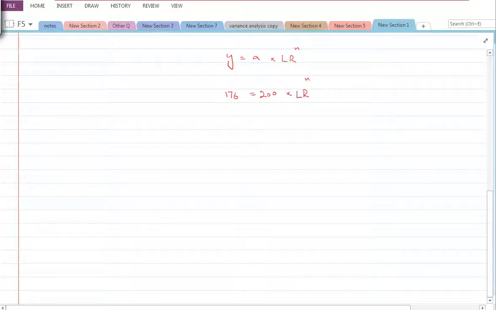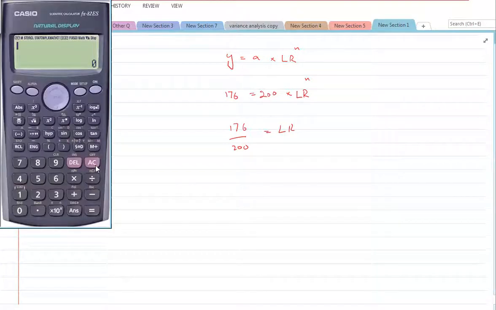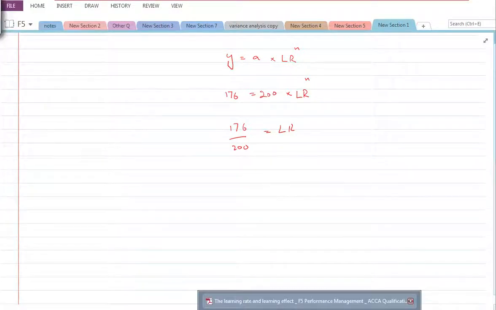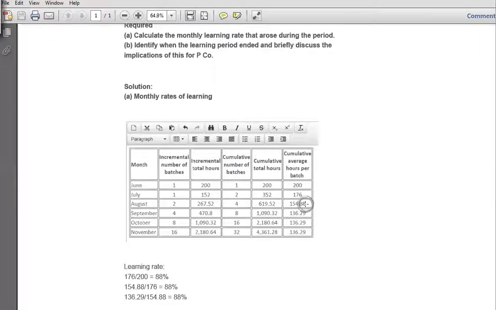Remember, n is 1 here. So 176 divided by 200 will be equal to the learning rate, which is 88%. Similarly, if you take the other one, the number of times it is doubling up will be 2, with average time 154.88.